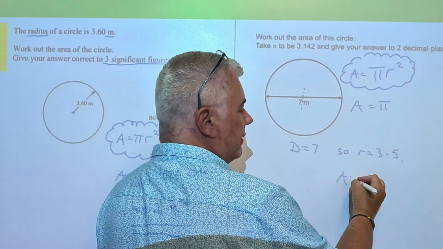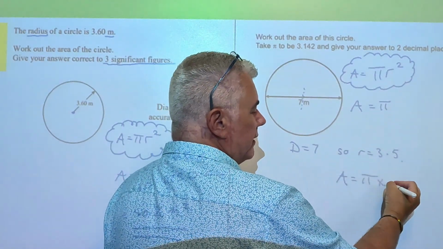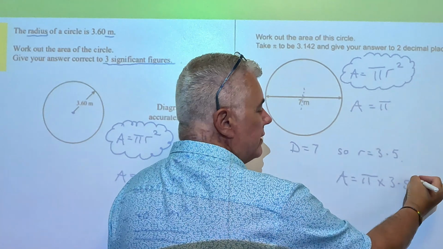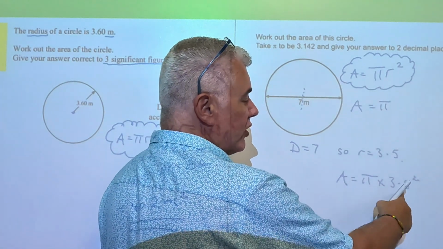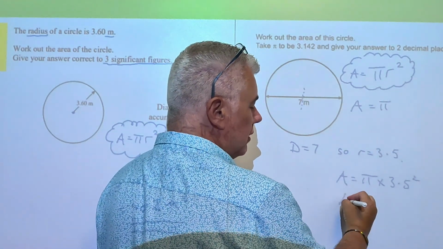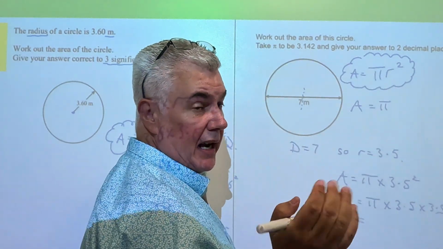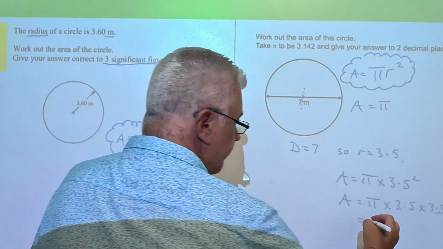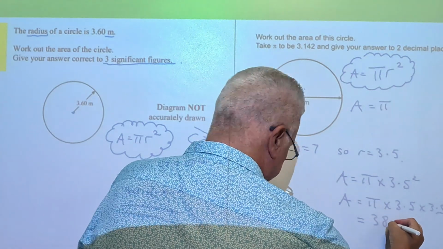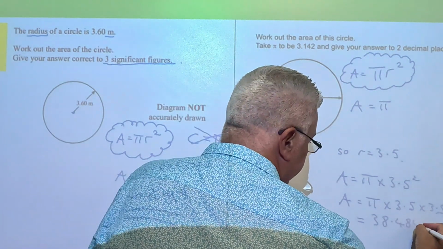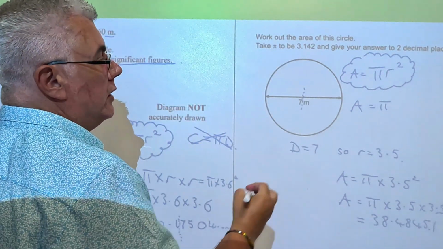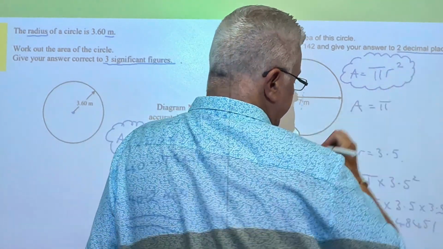So the area equals pi times 3.5 squared. You can put that straight into your calculator if you're very careful. Or you can do it like that. It's entirely up to you. Which gives me 38.48451. Wants to do decimal places this time.